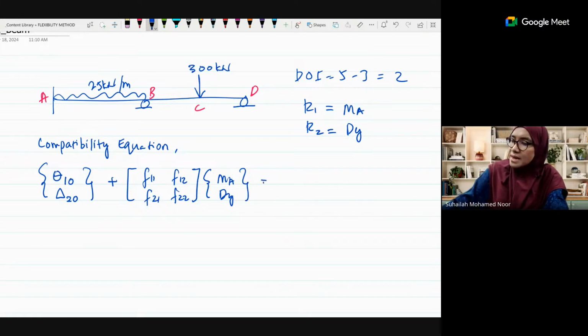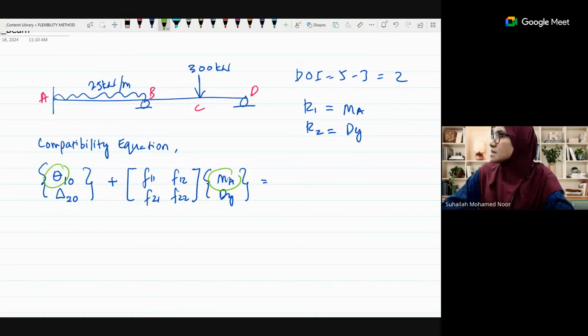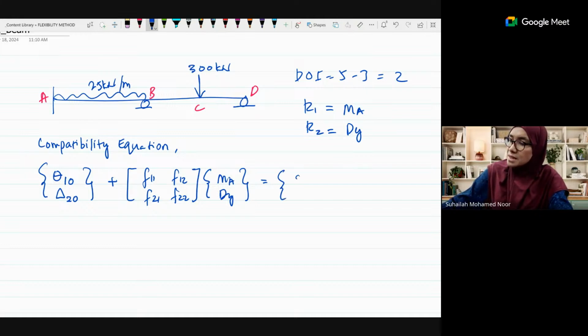So that we match MA with this theta. If we put R for all, we are no longer sure which is theta and which is delta. So in the solution, in the redundant column, we will put the redundants chosen, MA and DY. And then without support settlement, it is 0.